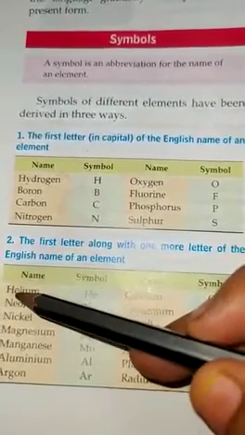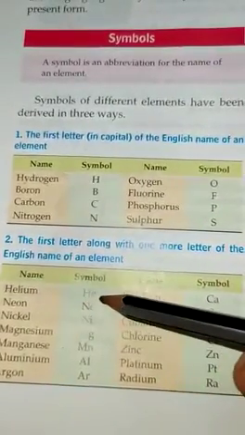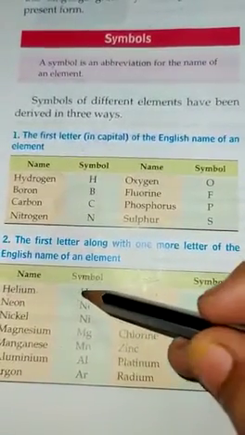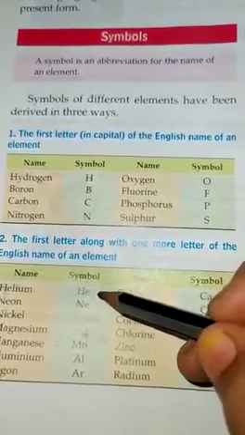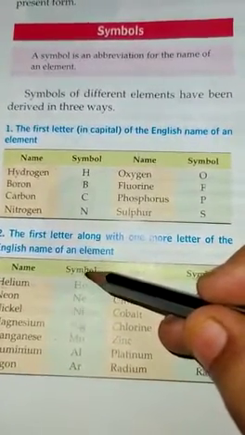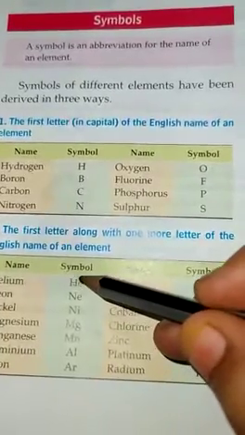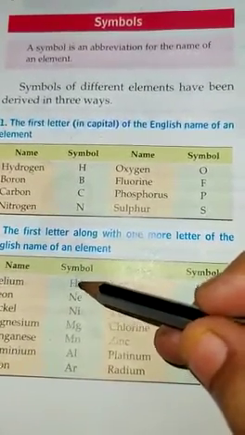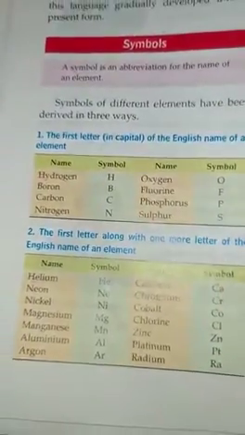So we have to use one more letter with it, that is e, so it becomes capital H, small e. The letters written as capital, you have to write as capital, and for those where the alphabets are small, you have to use small letters.